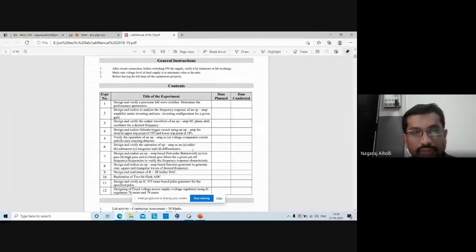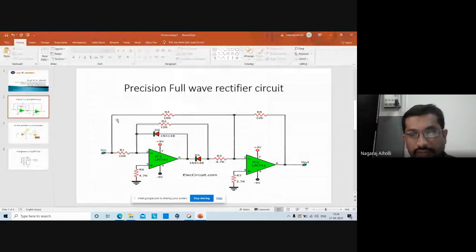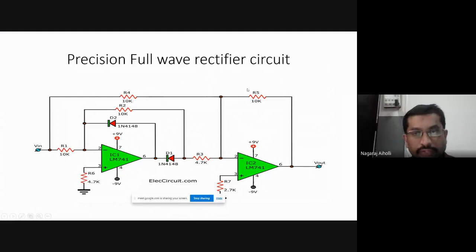Let us see this circuit. This is the circuit diagram of the precision full wave rectifier. Here we are applying the input to the minus terminal, the inverting terminal. When we apply the input to the minus terminal, the output is inverted with respect to the input because it is an inverting amplifier.